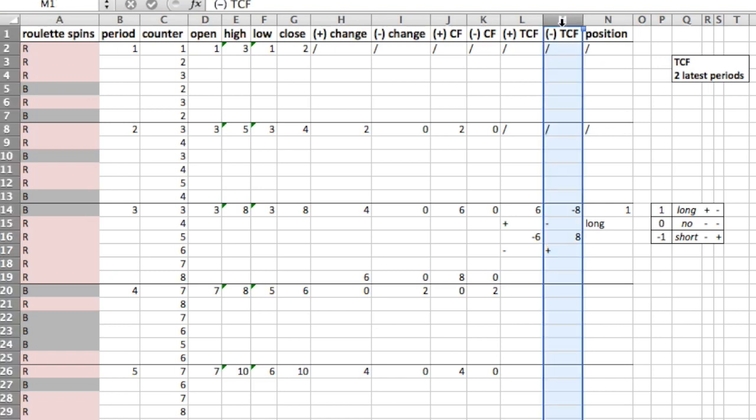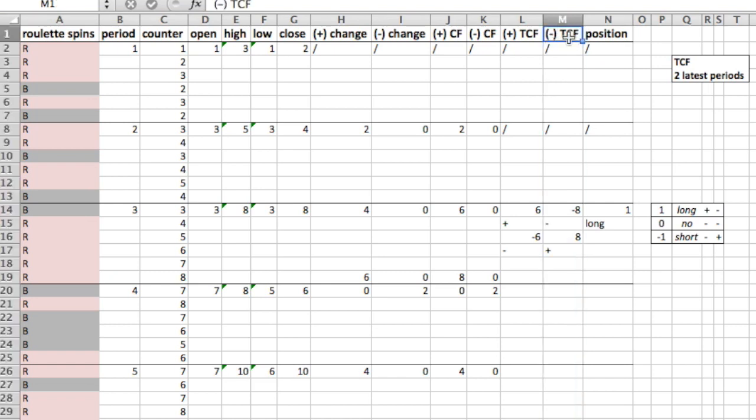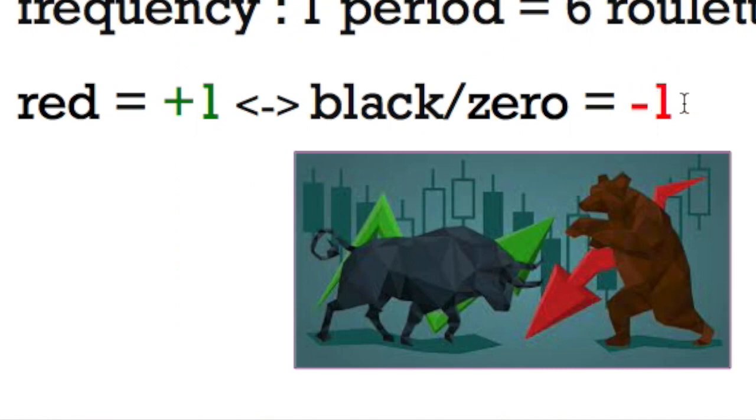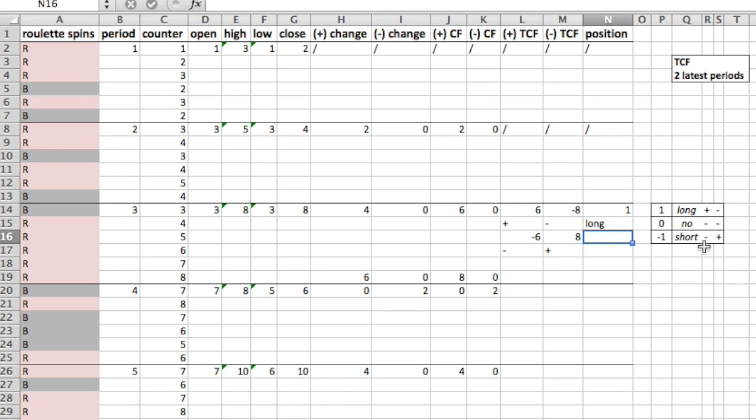Well, it's in this column, so the negative side has been trending. Remember, the negative side is black and or 0. Minus and a plus is here now a minus 1. So this is a code for you have to take a short position. So in period 4, you have to bet on black.